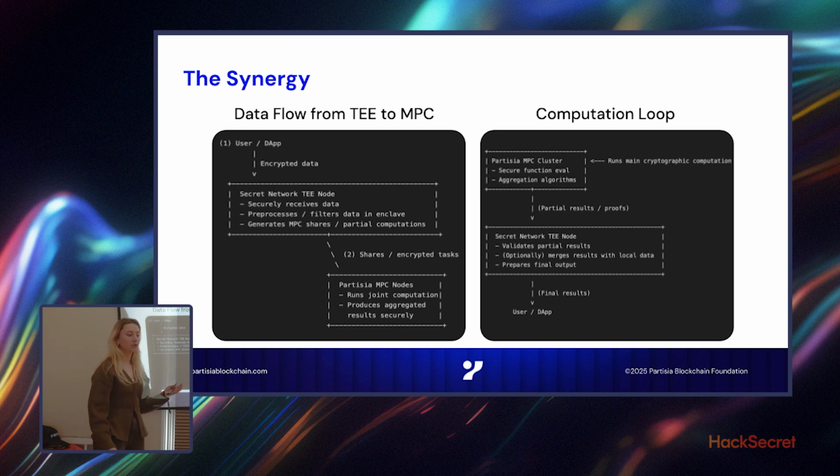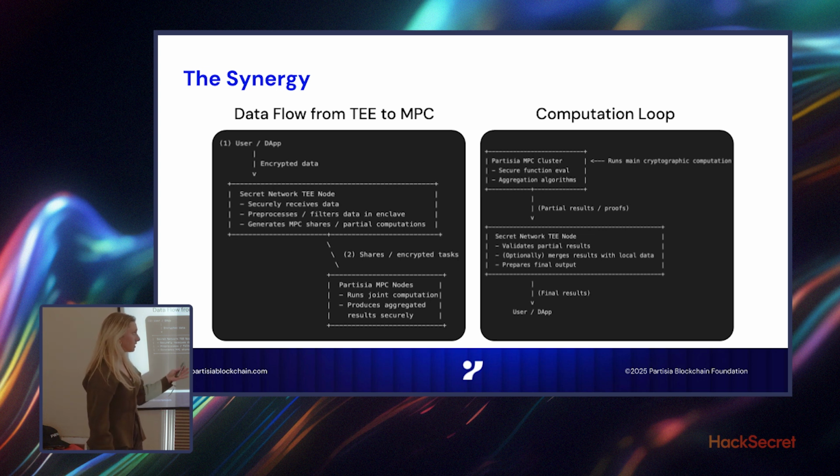Then the MPC nodes could be running analytics on all of this data. They could figure out, for example for research on these X-rays, what are some patterns that are common in specific age ranges or specific lifestyles. That's pretty cool, and this is where the computation loop would work.